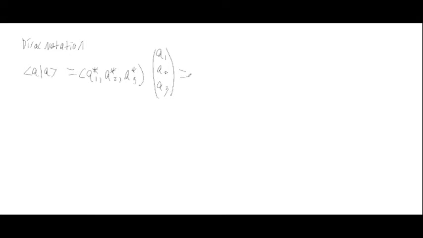And we saw that that ended up being equal to A star 1 times A1 plus A star 2 times A2 plus A star 3 times A3, and that was all equal to a scalar, and so that was the dot product of that.